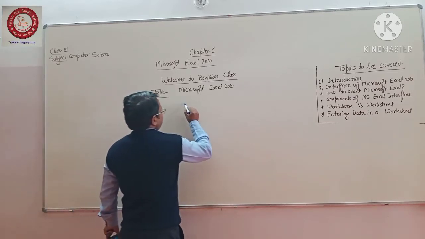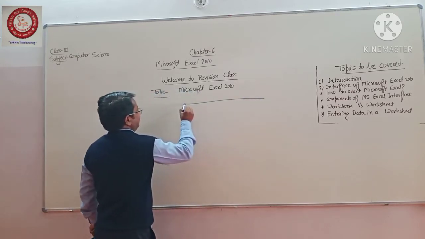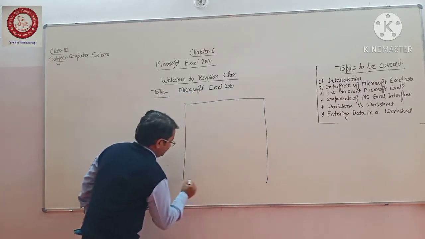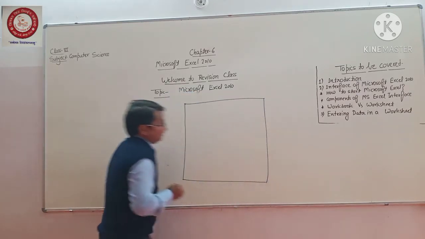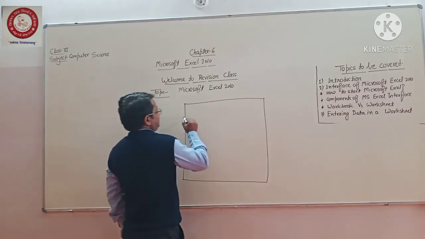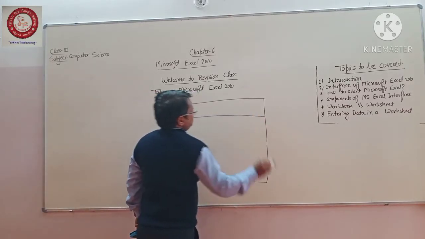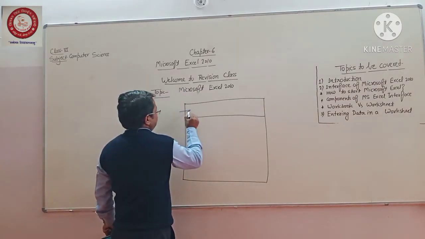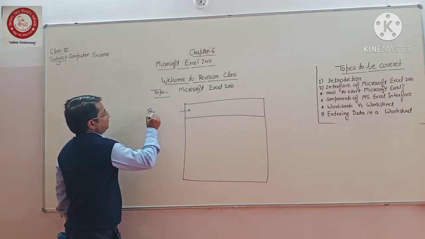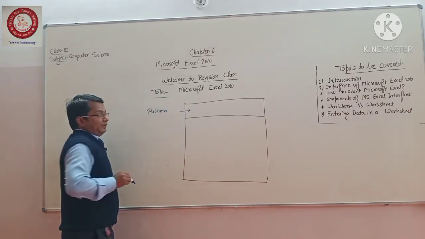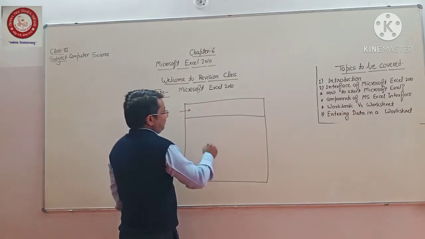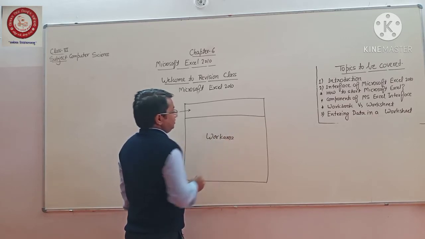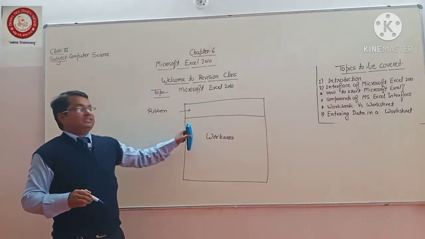So now you just have one rectangle here. This represents one kind of interface, right? This interface is divided into two parts. The first part, this one, is called the ribbon. And the second part, the bottom part, is called the work area.